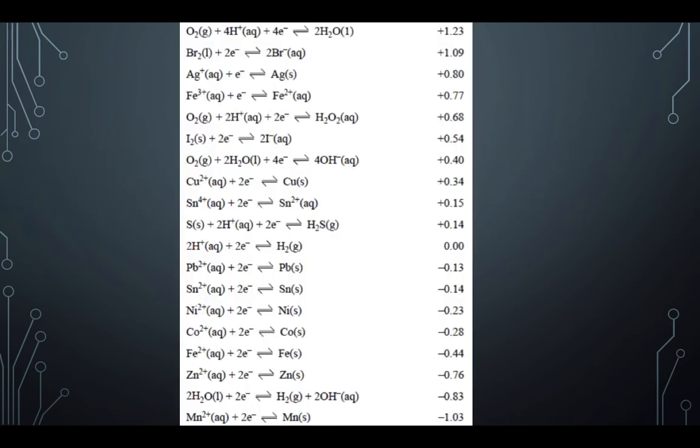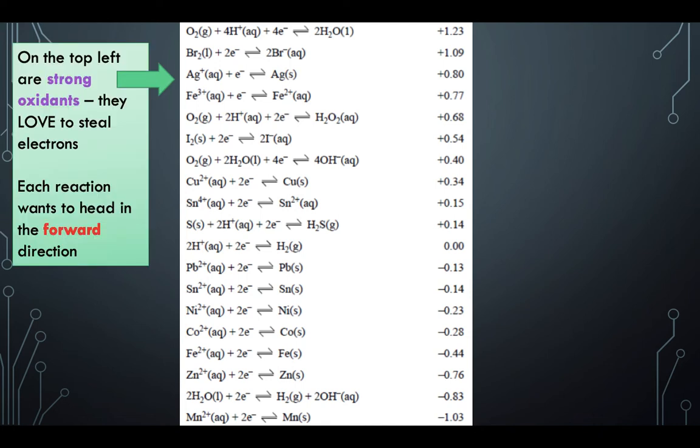Okay, so that's our electrochemical series. Just as a revision, your top left is your strong oxidants. They like to go through reduction. So the higher top left you are, the more likely you are going to win the competition and go through a reduction reaction.